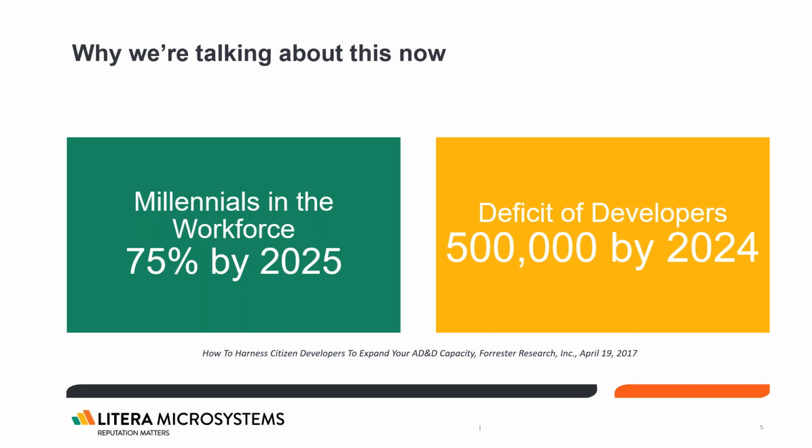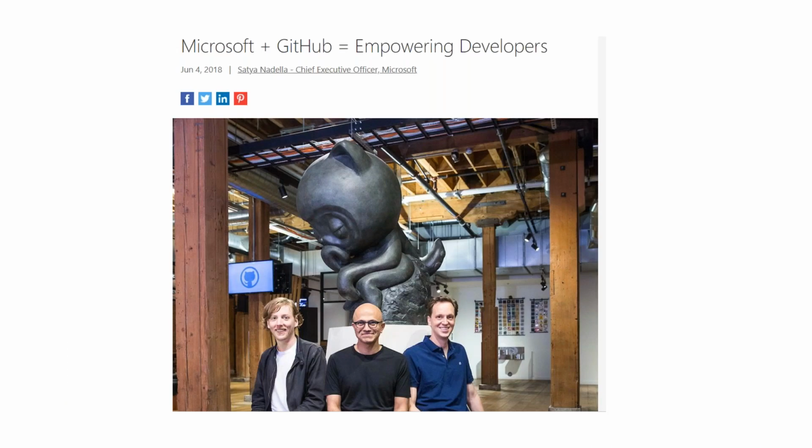This came from Forrester Research, who did this study a little over a year ago, and they've concluded that we will need 500,000 developers in that same time span that will be bringing the millennials into the workforce.